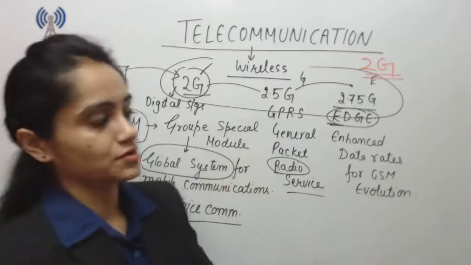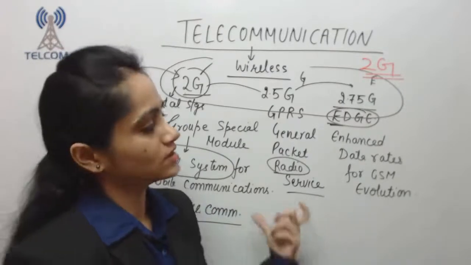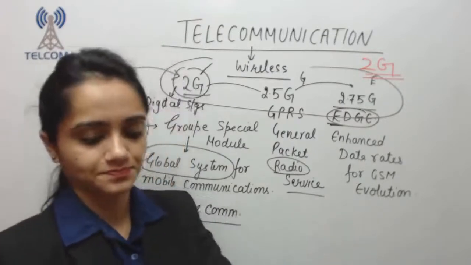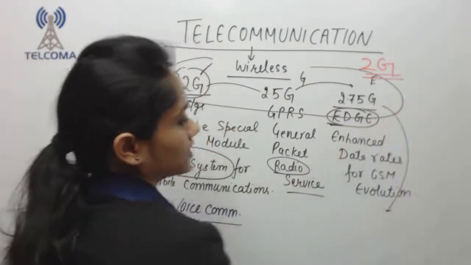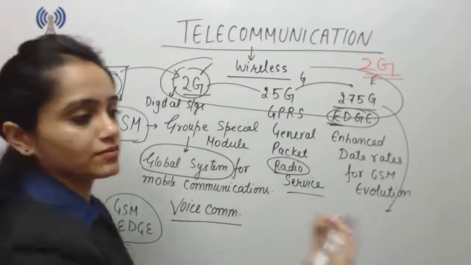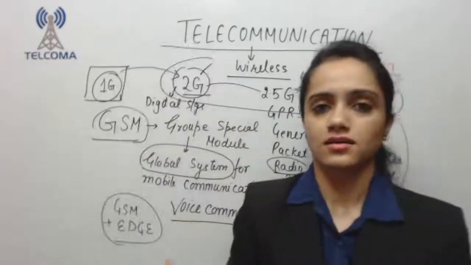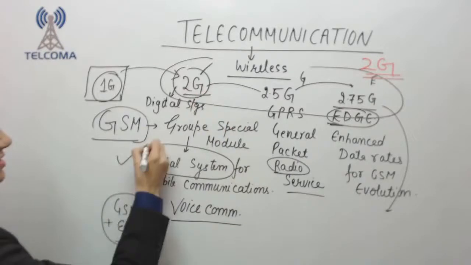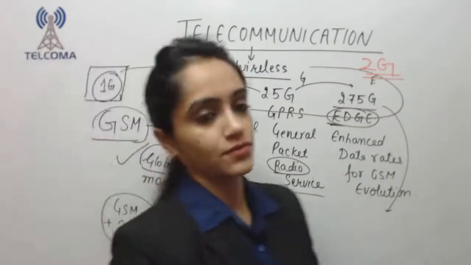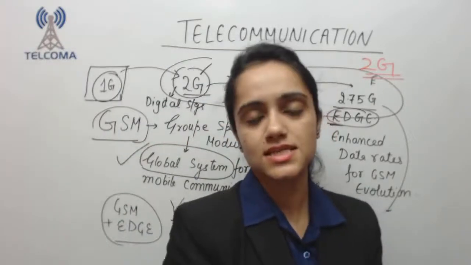This is what 2G is, and these are the technologies under the second generation. But the data rate in this case is also not that good, because we require to evolve and increase data rates. Voice evolved with GSM, but after that the main evolution was the increase in data rates.